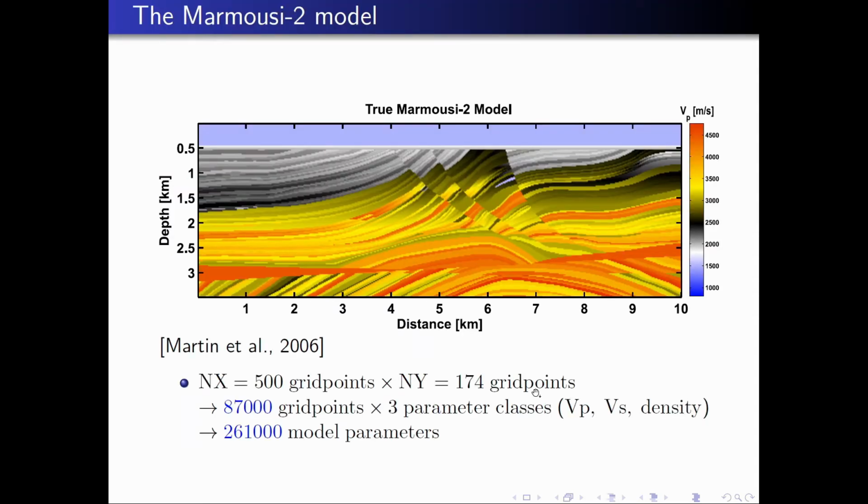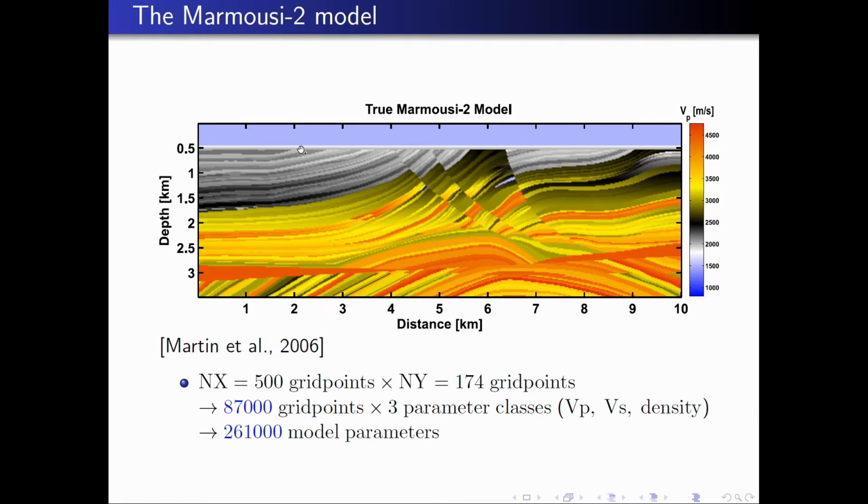So here you can see the Marmousi-2 model that was introduced by Martin et al. in the year 2006. Actually, it's only the central part of the Marmousi-2 model, and I've only shown here the P-wave velocity. Actually, it is a linear elastic model, so we also have an S-wave velocity and density model.